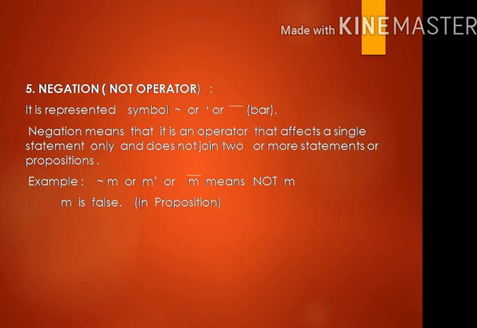Negation means that it is an operator that affects a single statement only and does not join two or more statements or propositions. M dash, M bar or approximate M means not M. M is false in the proposition.